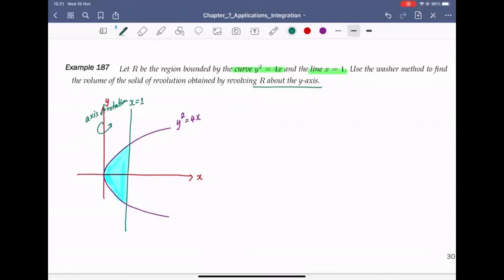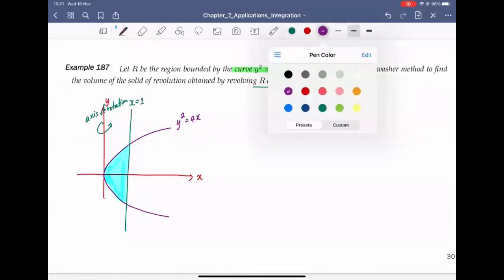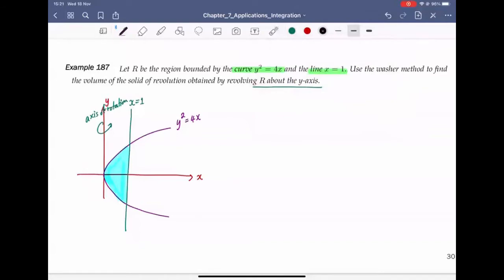You have to cut perpendicular to the axis of rotation. The axis of rotation is here, so you have to cut with a horizontal line, because you need to be perpendicular to the axis of rotation.